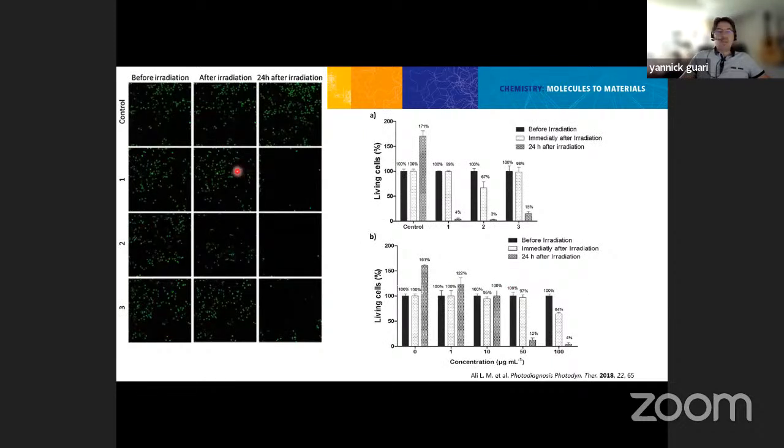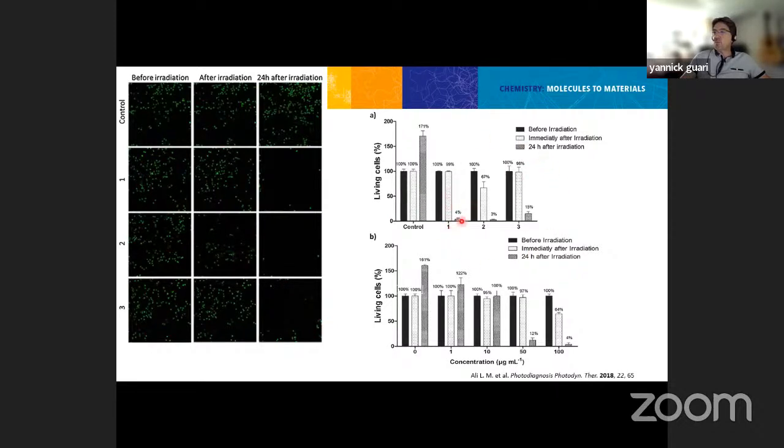You have here the eradication of the cells immediately after irradiation for the 3 types of nanoparticles, Prussian blue, Prussian blue with low amount of manganese, Prussian blue with high amount of manganese, and 24 hours after irradiation. And you have here the corresponding graph.